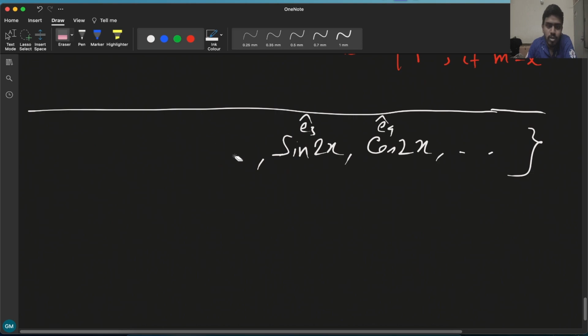These Legendre polynomials are orthogonal to each other.